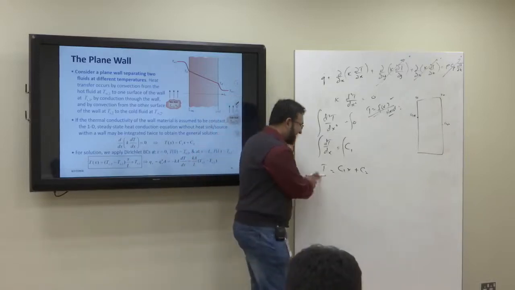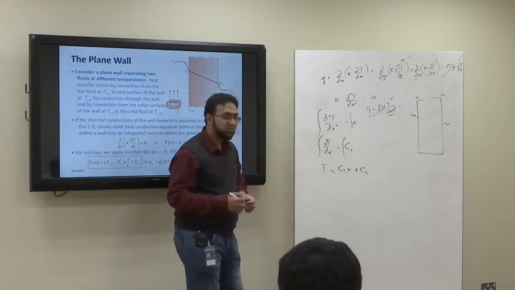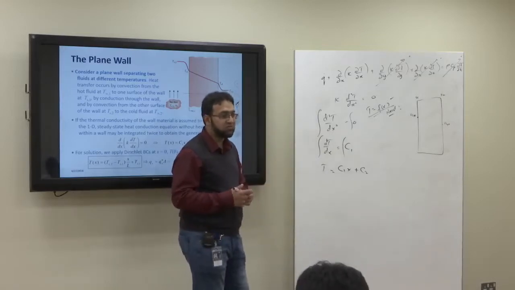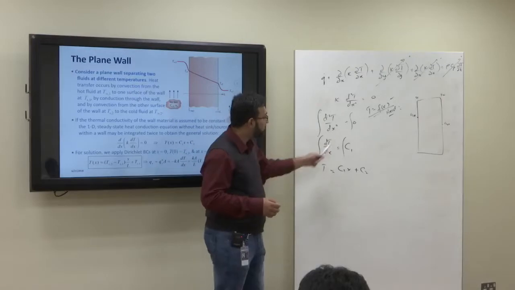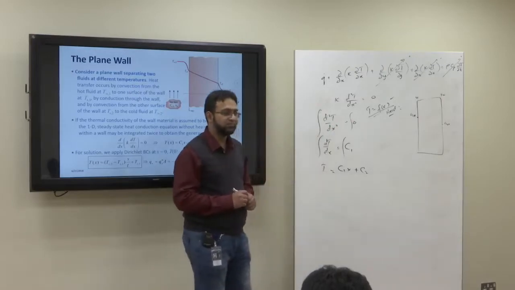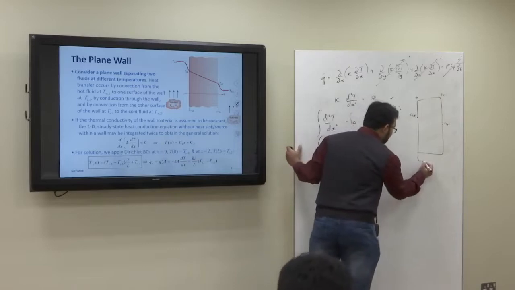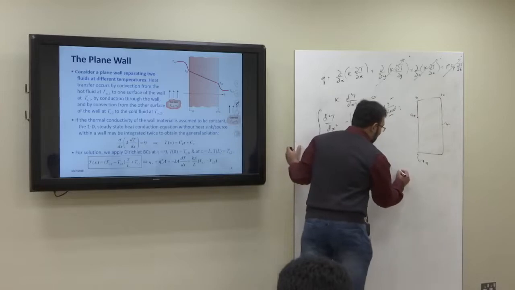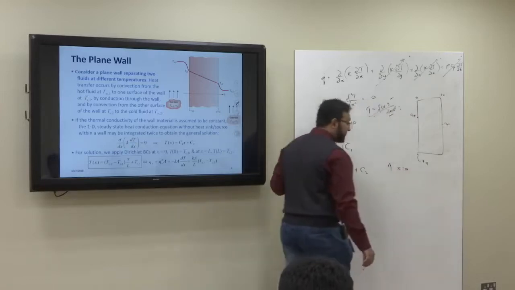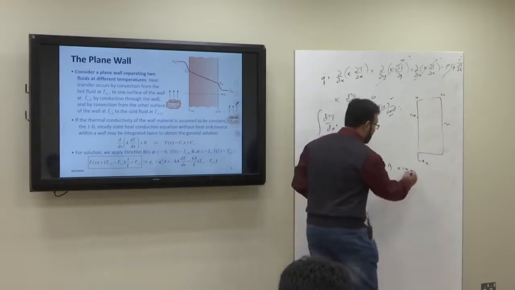Okay, is it clear? So you got temperature as a function of x, but still there are two constants here which are unknown, C1 and C2. We need to find C1 and C2. In order to find C1 and C2, we need to use the boundary conditions. So what are the boundary conditions? The first boundary condition: suppose this is your x, and x starts from here. So at x equals 0, your temperature is equal to Ts1.